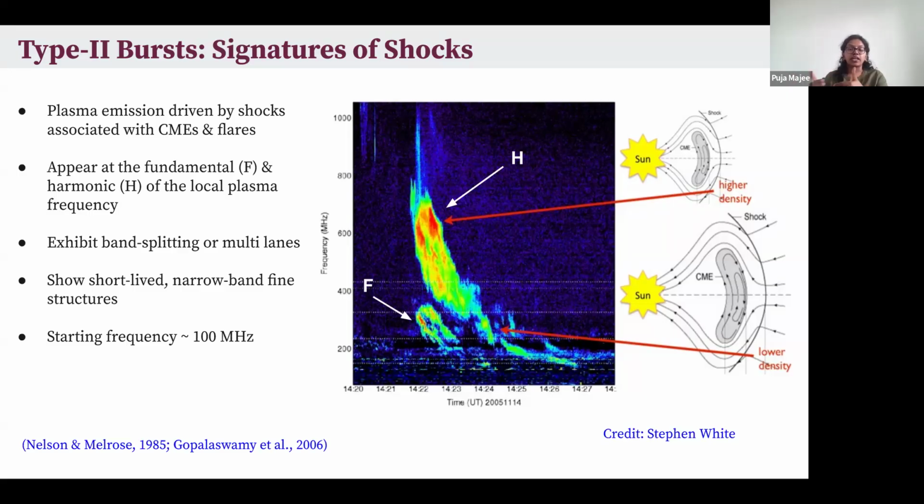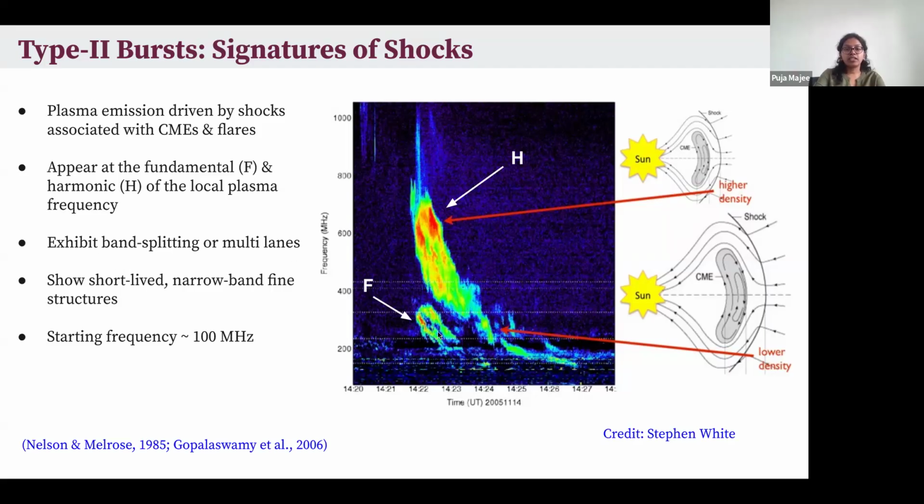Hence, with time, the type 2 appears at lower and lower frequencies. This drift tells you that the shock has propagated through the solar corona, and if I estimate the drift of this type 2 emission, I can get an estimate of the shock speed.